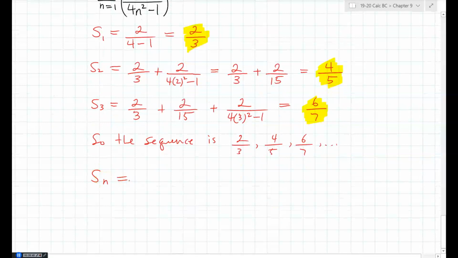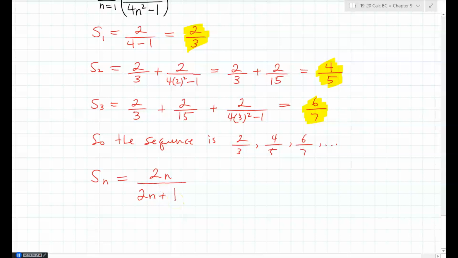Remember, I have to start with 1. The top is 2n, and the bottom? Notice it's just 1 more than the top, right? Yeah, it's just 2n plus 1.